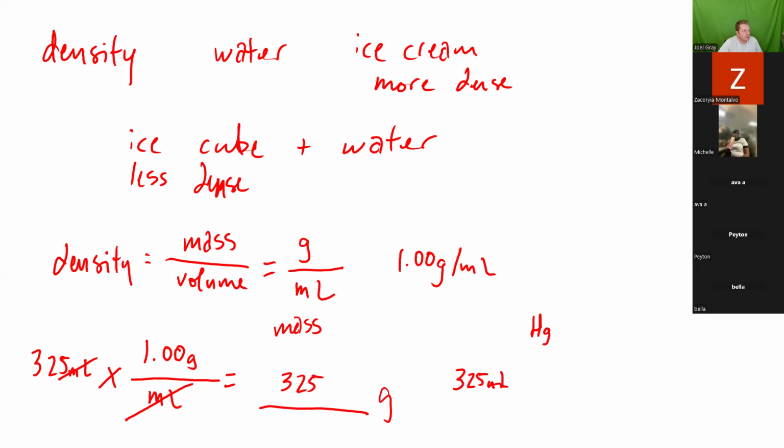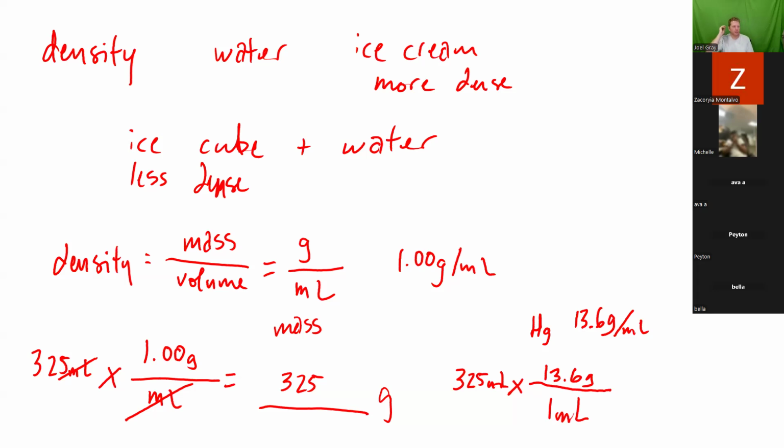Mercury has a density of 13.6 grams per milliliter. If you had 325 milliliters of mercury, you would set this calculation up the same way: 325 milliliters times 13.6 grams per 1 milliliter.